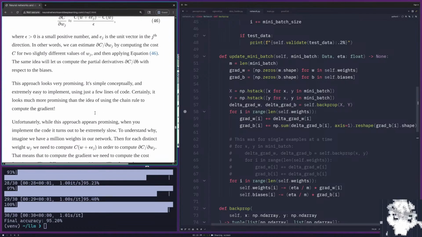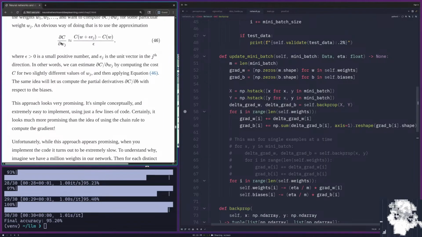I'm just trying to understand, where did the 1,000,000 things come from? Ej is the unit vector in the jth direction.